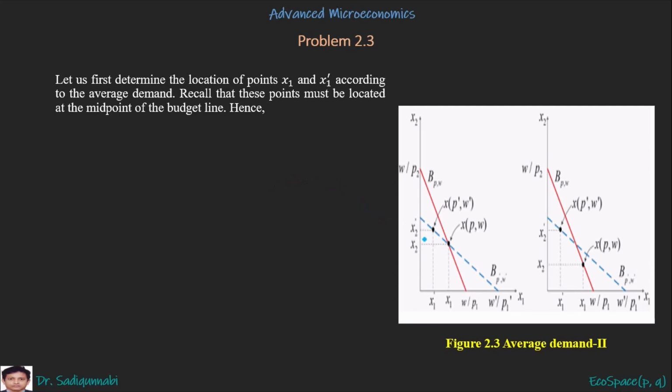So let's first examine whether these are true. First determine the location of points x1 and x1 prime according to the average demand. Recall that these points must be located at the midpoint of the budget line. So in order for both points to be average demand, they must be in the middle point of both budget lines.